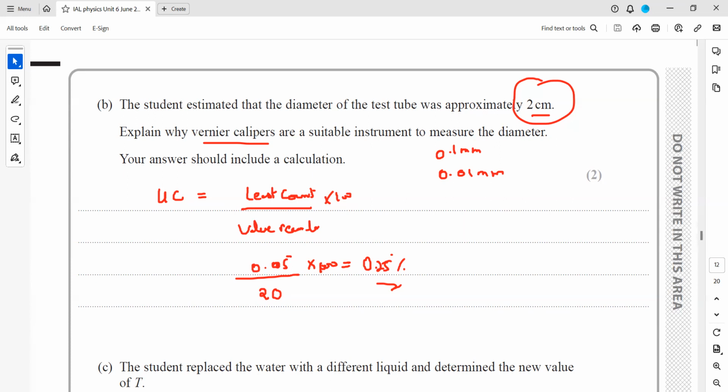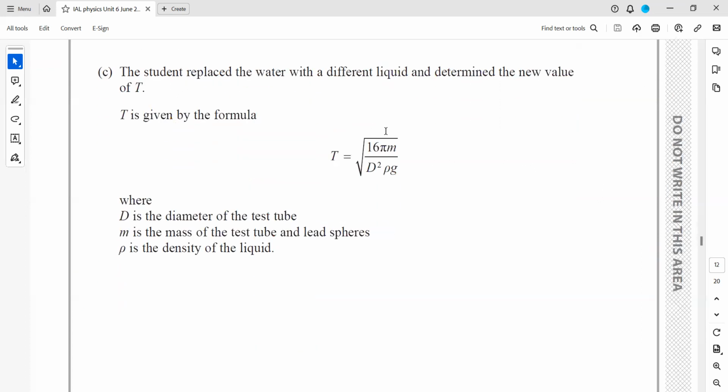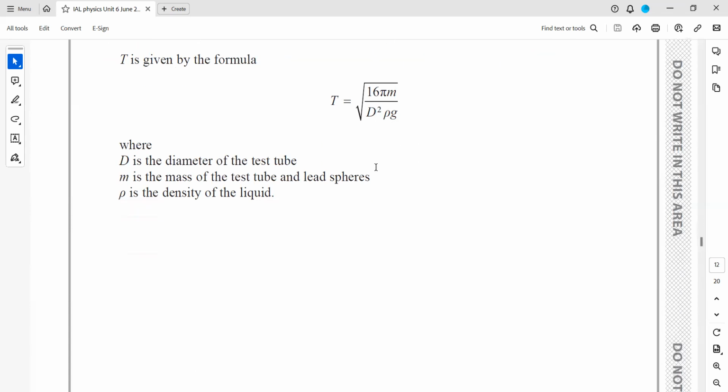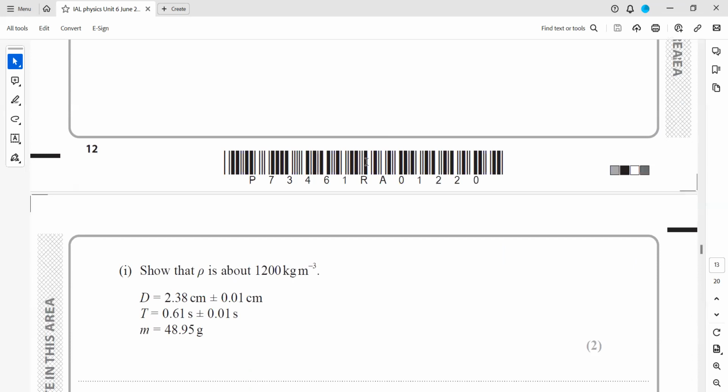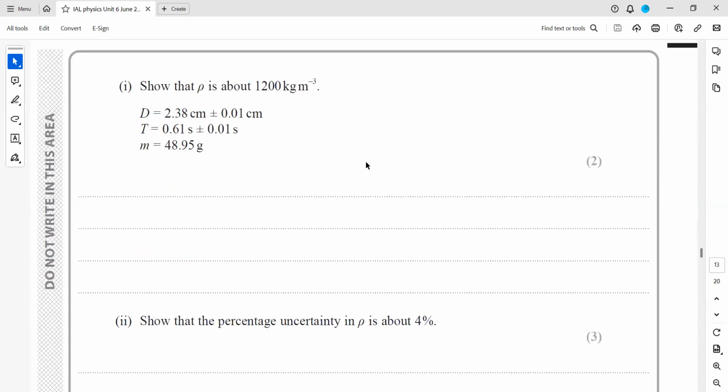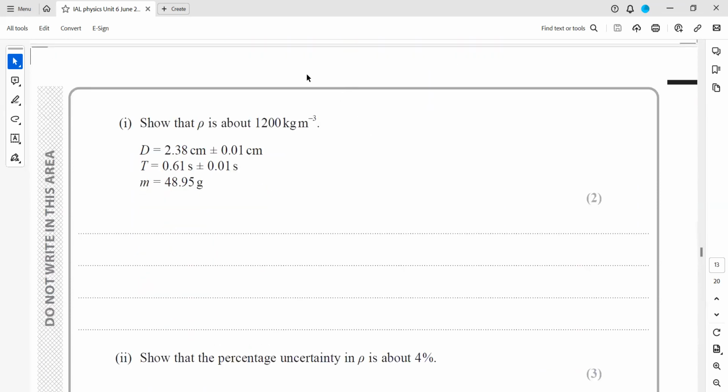The next one: the student replaces the water with a different liquid and determines the new value for T. This is the new value for T the student determined, and the formula is given. Show that the density is about 1200.